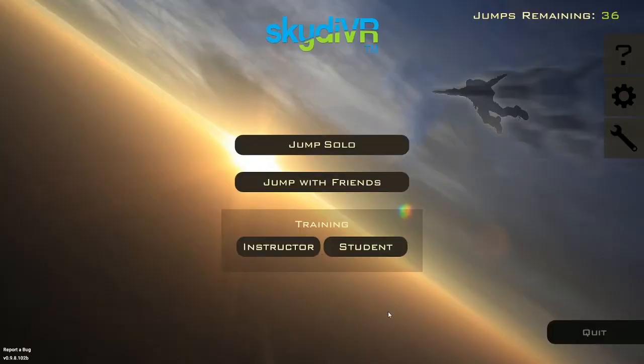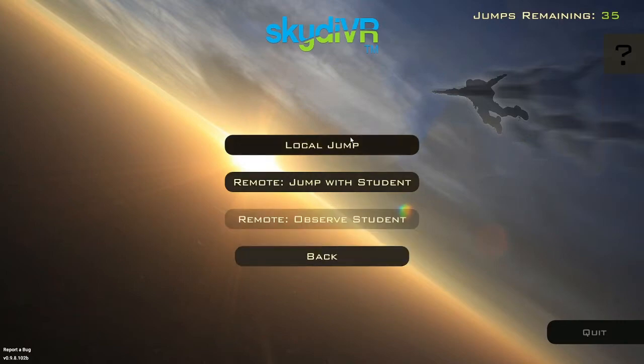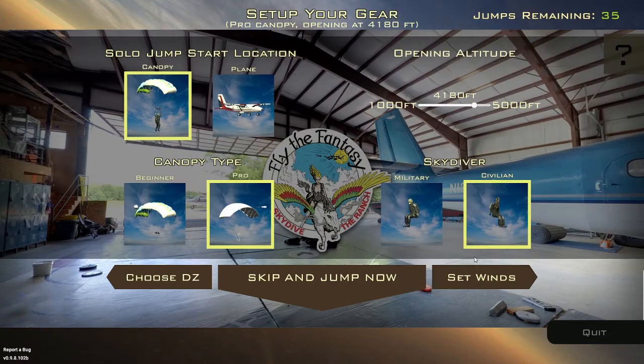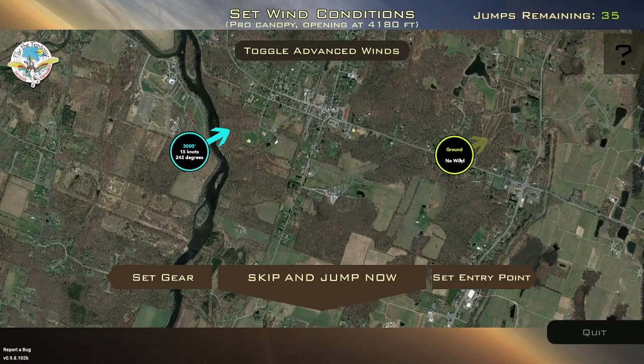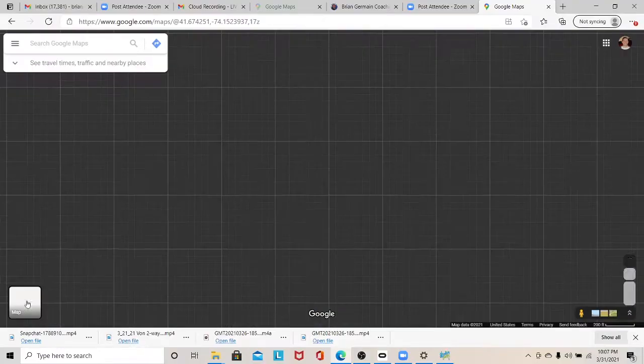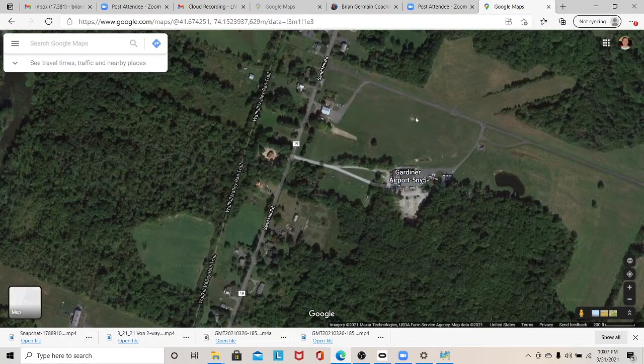So let's go back in here and change this to a no wind scenario. No wind at all. And we're going to fly a true box pattern. And I think that it would be very helpful if we were to then just quickly go to Google Maps and let's anticipate that the glide ratio of this simulated canopy is about 2-to-1.